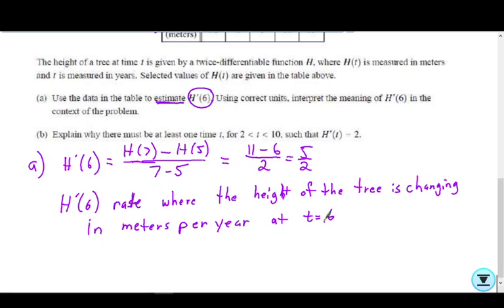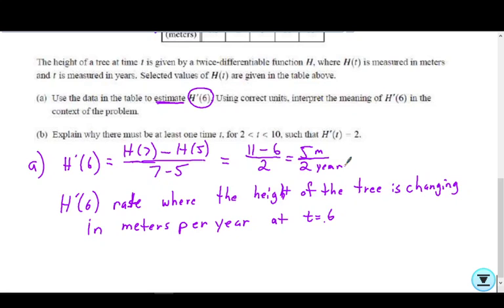That's it. So that's the explanation. It's basically saying it's the rate of change, how my tree is changing in meters per year. Because literally this is 5 meters, that's the change in meters, and this is your change in time per year. So meters per year.